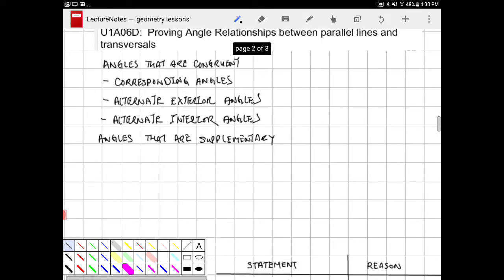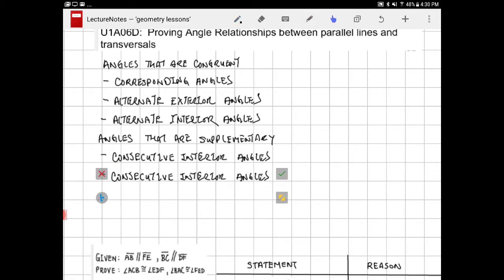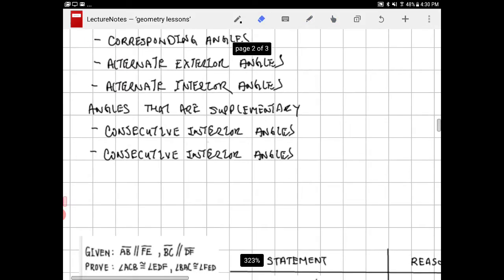All right. And then the angles that are supplementary, what are the types of angles that are supplementary then? Well, they are consecutive interior angles, and conversely, if we have consecutive interior angles are supplementary, we also have consecutive exterior.